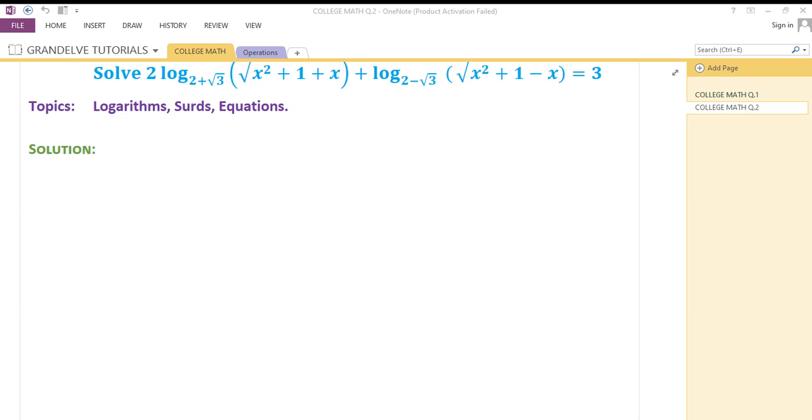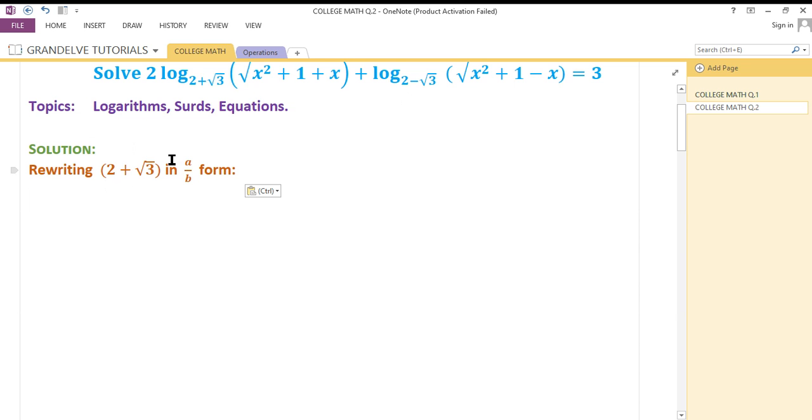We need to rewrite it in a form that will help us arrive at a result that is almost the same as the second base.